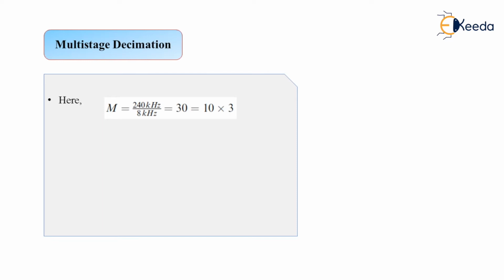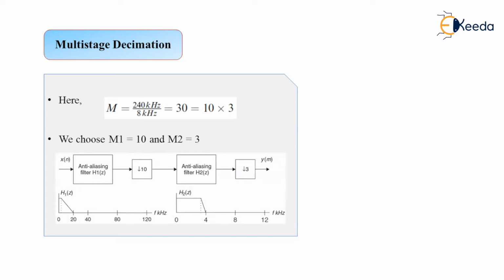So this ratio of the sampling rates is equal to 30, that we can resolve into two components, 10 and 3. So 10 threes is equal to 30 here. So here we can choose one combination, that m1 is equal to 10 and m2 is equal to 3 here. So now again coming back to the block schematic here.